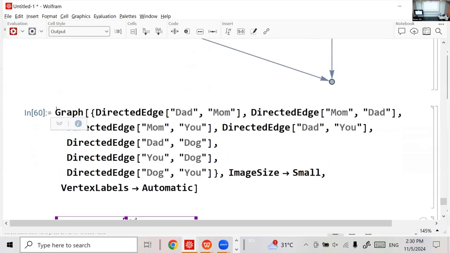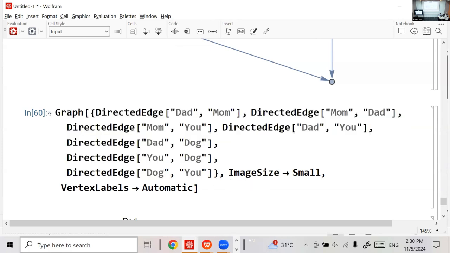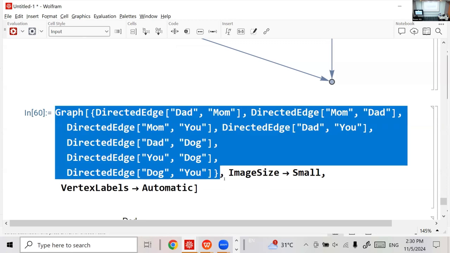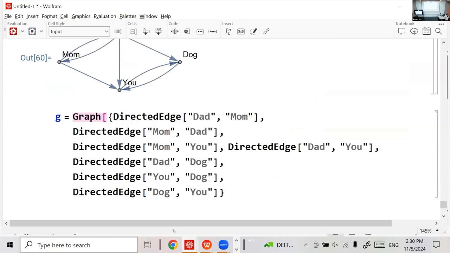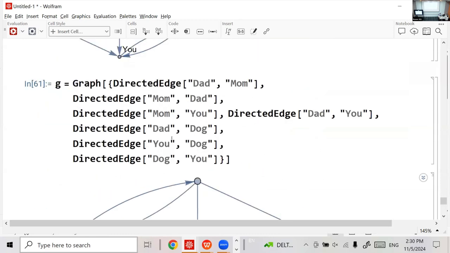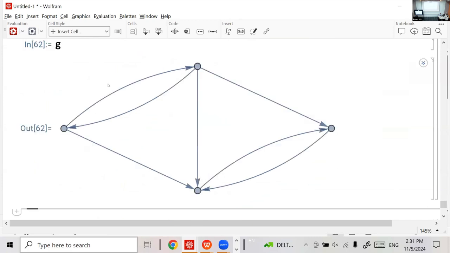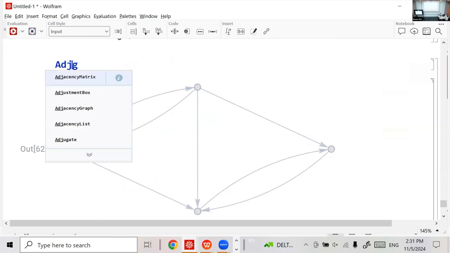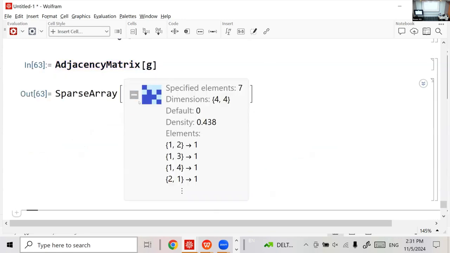What I can do is that my graph G is equal to this graph. Okay, let's just make this assignment. G is the graph. Now, if I type in G, it's this. If I ask for the adjacency matrix of this graph, I will actually get this.